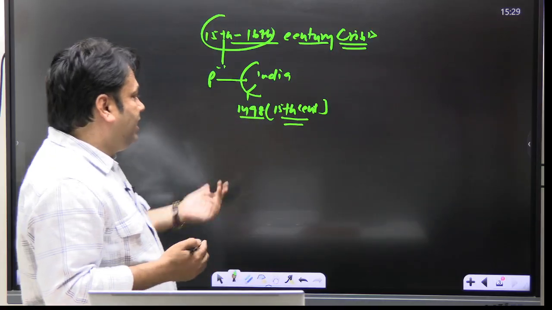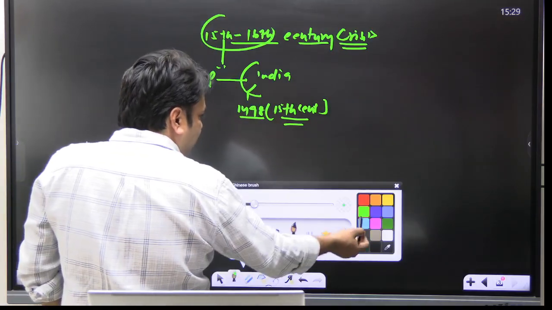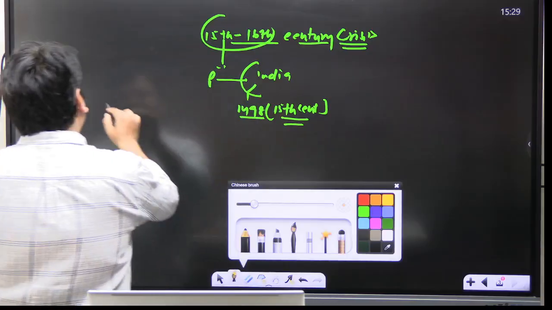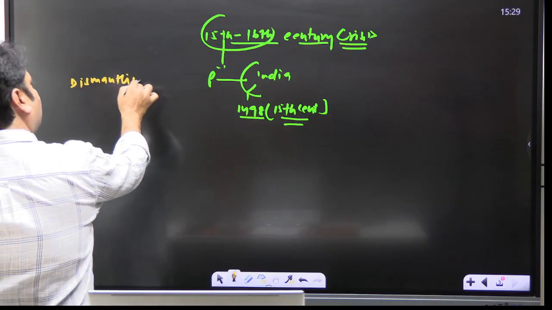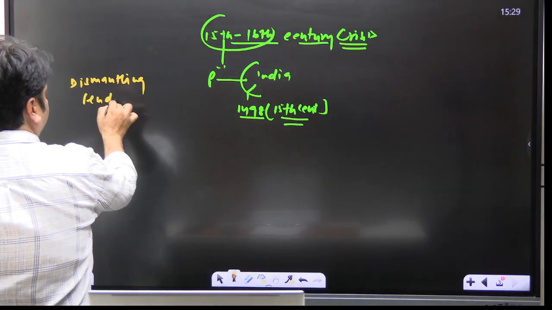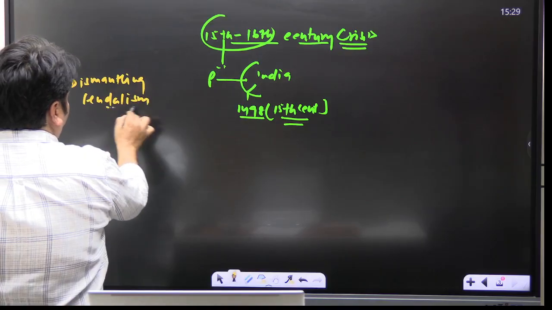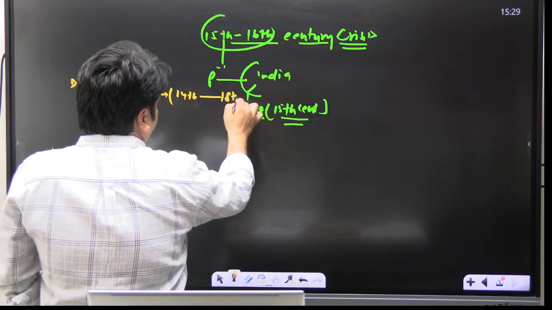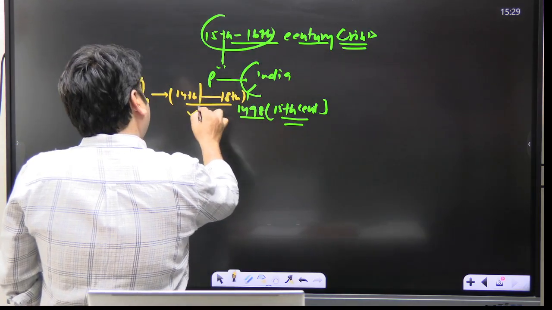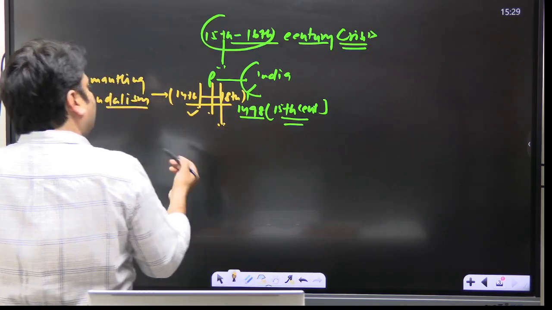So I am just indicating a few important points here. For example, dismantling feudalism. In the last class, I have already discussed this concept in much detail. 14th to 18th century, this feudal structure was dismantling.